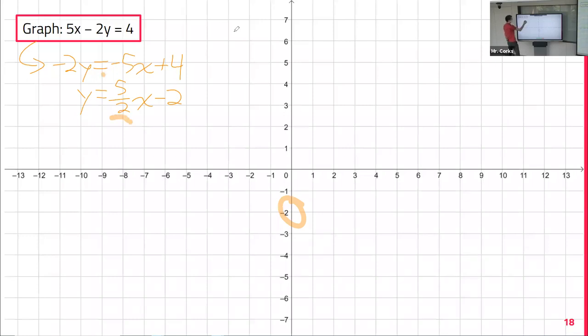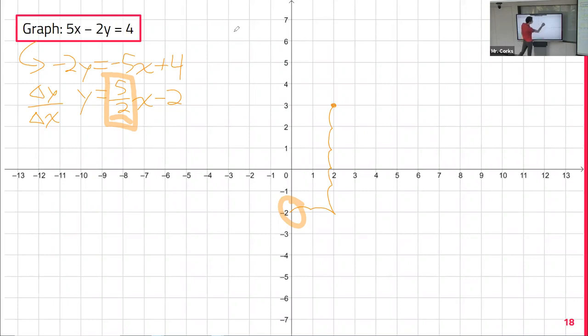Again, the slope is telling us, delta y over delta x, if we take 2 steps right with x, then we take 5 steps up with y. So 1, 2, 1, 2, 3, 4, 5. That gives us that point here.